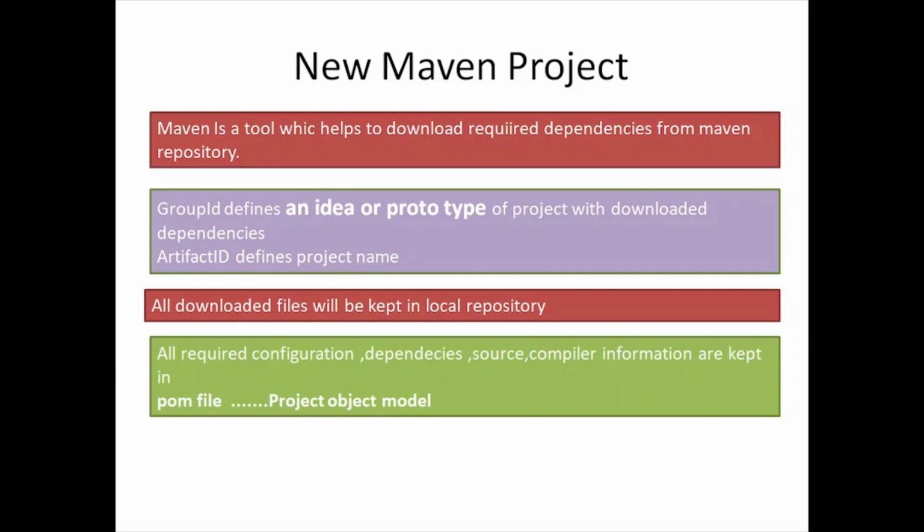All the dependencies are stored in the external libraries of your project, and a copy is kept in the local repository. If you require the same kind of dependencies in future, you may just use the same group ID and give another project name. It will automatically take those APIs from the local repository.